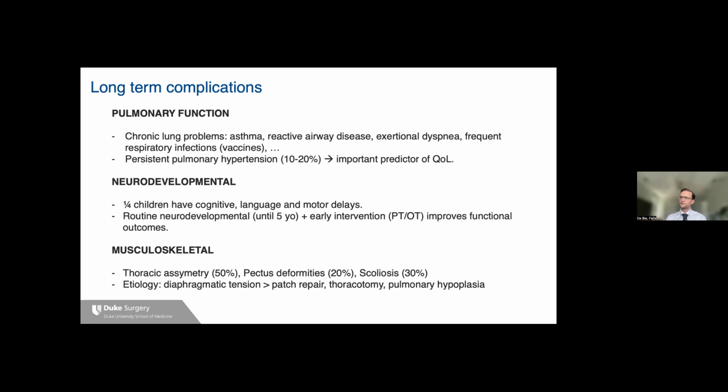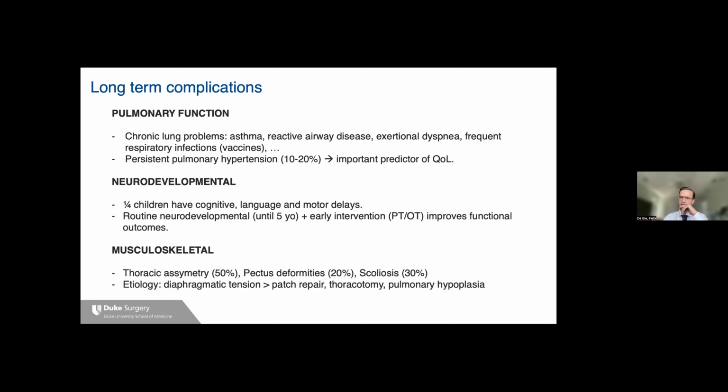That turns out to be one of the most important predictors of the quality of life of the infant, as well as the quality of life of the families. From a neurodevelopmental standpoint, 25% have cognitive, language, and motor delays, and routine screening for those delays, as well as early intervention with physical therapy and occupational therapy, seems to really help improve functional outcomes.